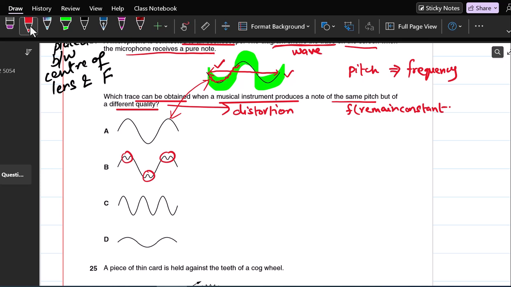Quality change is occurring here. In the other, no quality change is occurring. This one is showing that frequency is changed because more cycles are here. More cycles means higher pitch. So C is wrong. A is not possible. If we see D here, the amplitude is decreasing, and good quality is there. So for 24, B is the right option because here we have some quality change. Different quality is here.